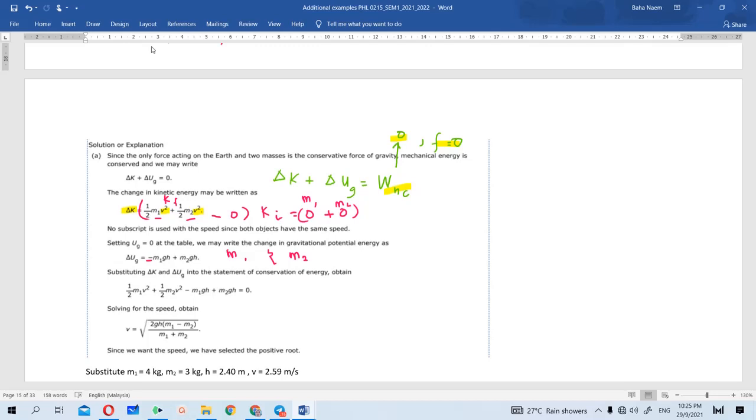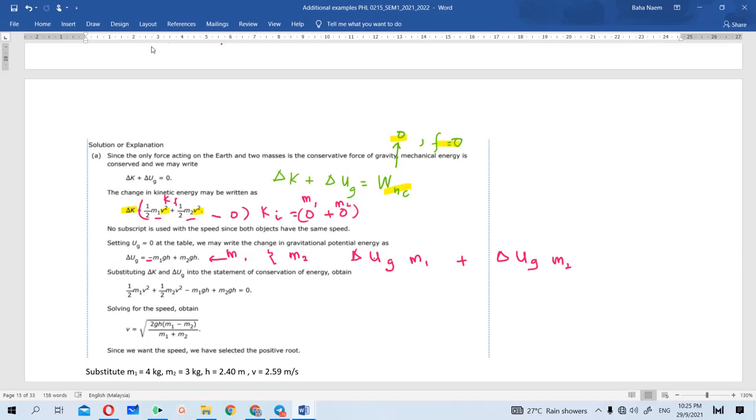Now, you can do it separately for delta U gravity for mass 1 and then add it with delta U gravity for M2. You will end up with this expression, the same thing.